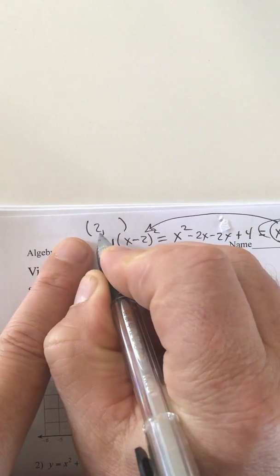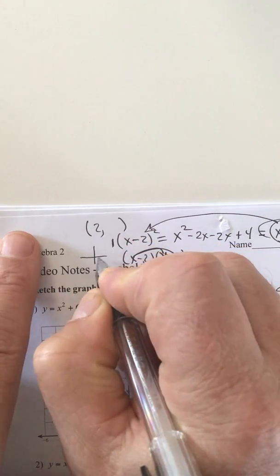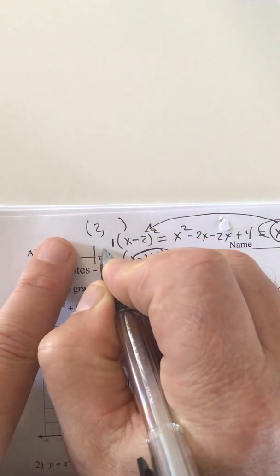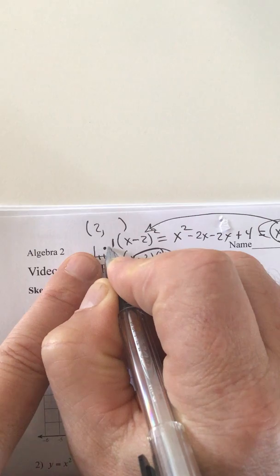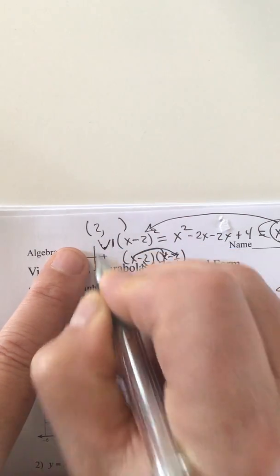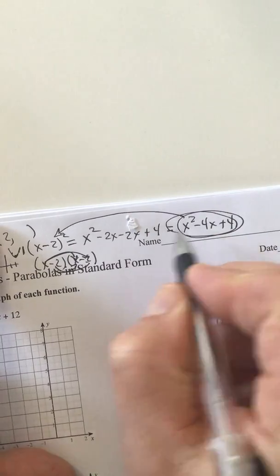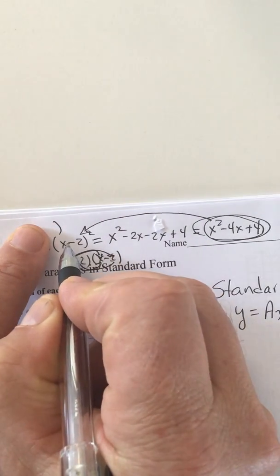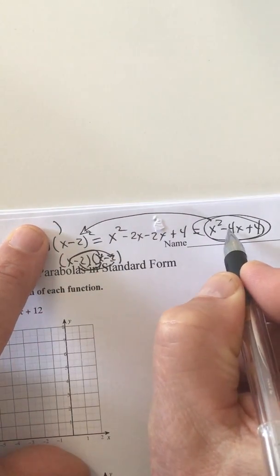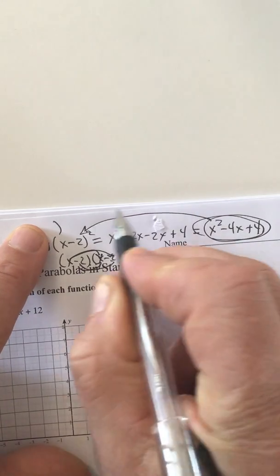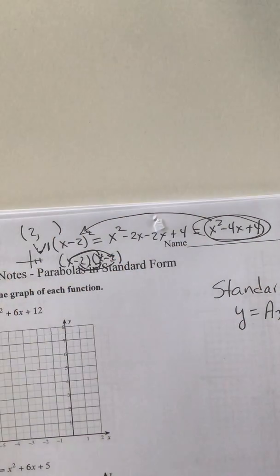That would be the slope from whatever this dot is. We'd go over 2, up whatever that one would be, and then the slope would be over 1, up 1, over 1, up 1, and there's our parabola. So standard form is like this. If you take vertex form and multiply it out, it becomes standard form. Well, we got to take standard form and try to go backwards and get it to vertex form.